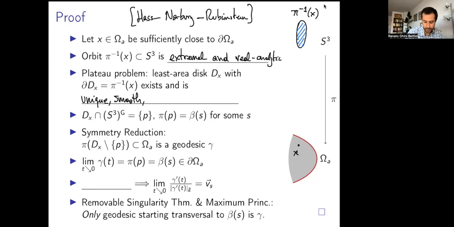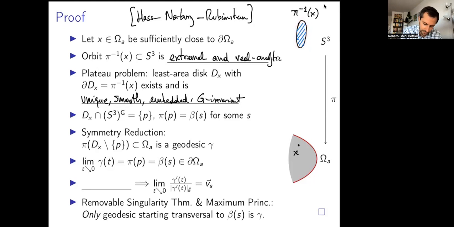It's also embedded. And by uniqueness, it's G invariant, because if I rotate the contour, I get the same contour back. If the surface changed, I would have another solution. So any rotation must preserve that.